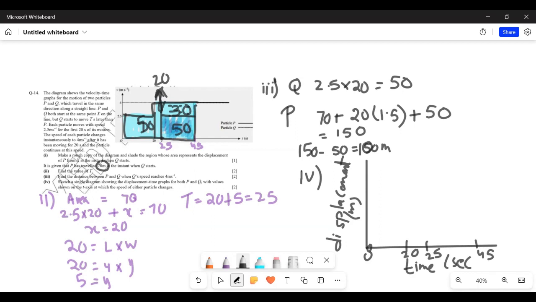So make a line of 50 over here and join these 2 points, 0, 0 and 20, 50. Okay. Then it further covers a distance of 20 meters in the next 5 seconds. So 50, 60, 70 हो गया ये total, and join these points, 25, 70 with 20, 50.